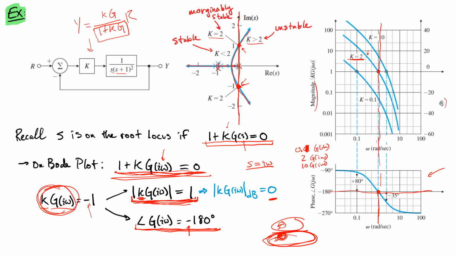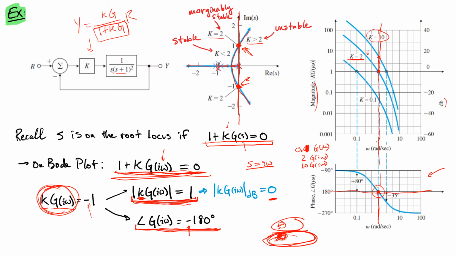And that's connecting with the fact that these are the 2 points where the root locus crosses the imaginary axis. Again, because we know that increasing k leads to unstable systems, now we can see that when k is bigger, for example k bigger than 2, the magnitude plot is more than 1 at the same value where the phase is minus 180.